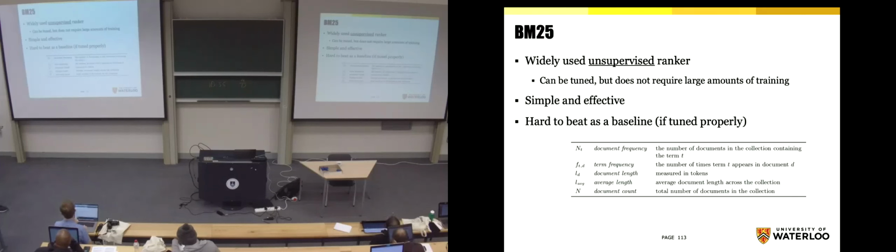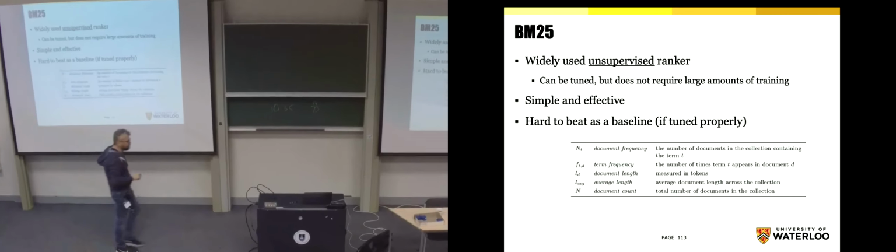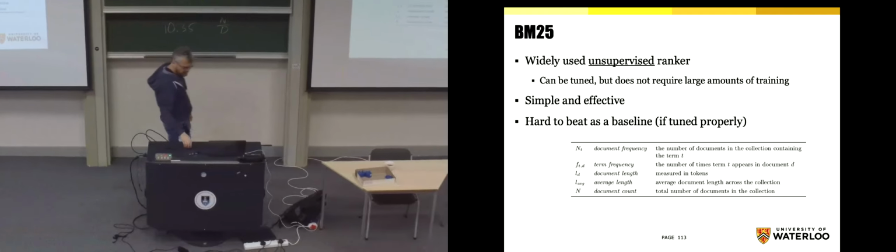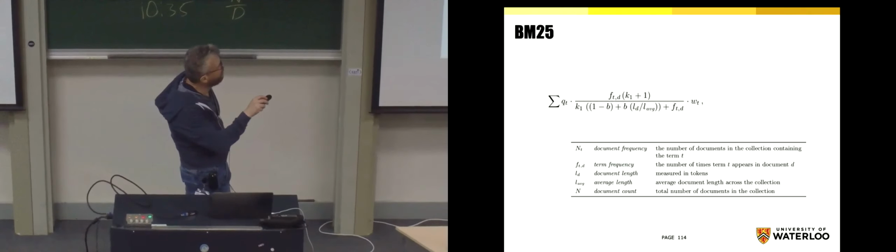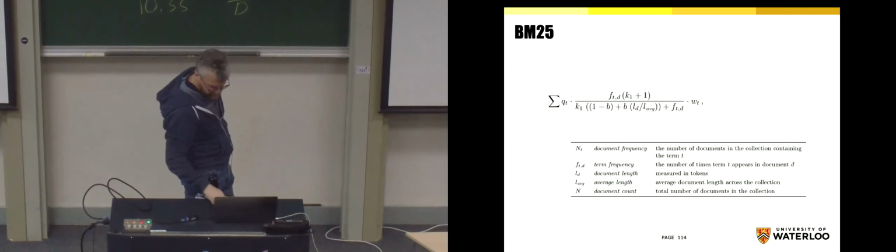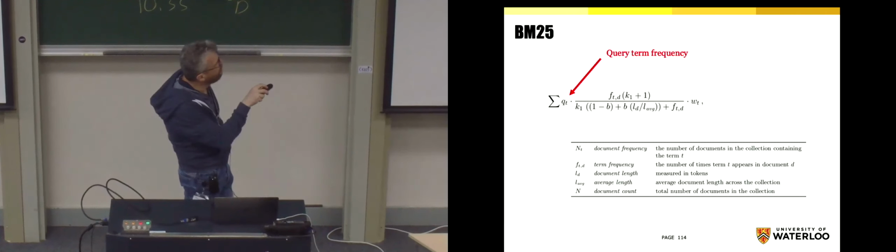It takes these features, how often a term appears in the collection, how often it appears in the document, how long the document is, and mixes them together as a sum. The sum here is over the query terms. There's a few extra things. This is how often the term appears in the query.